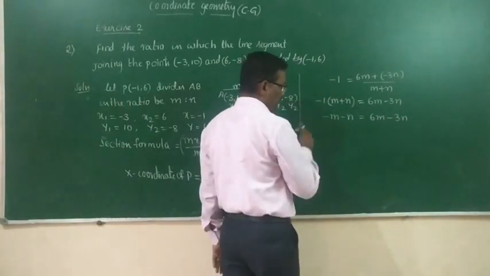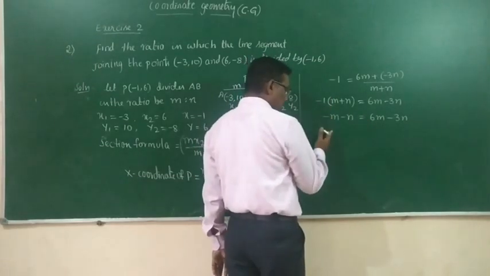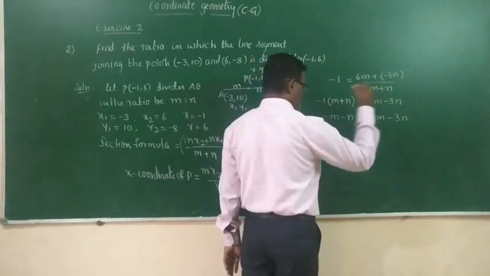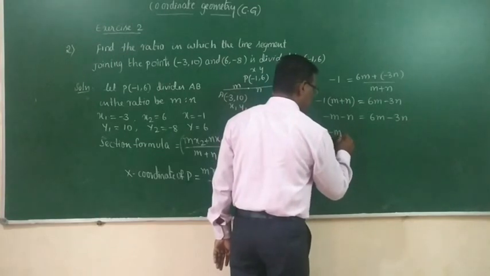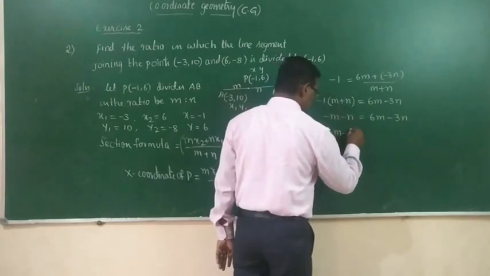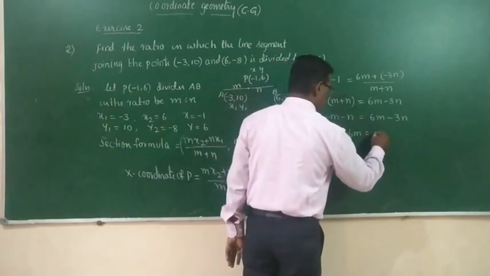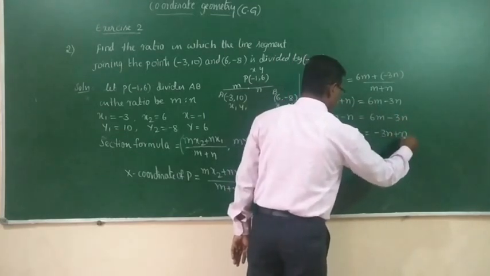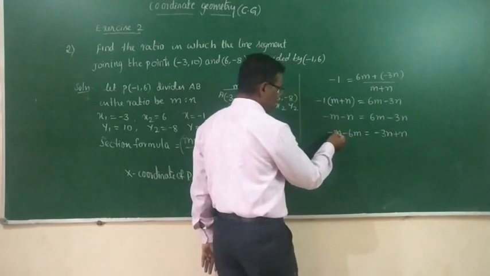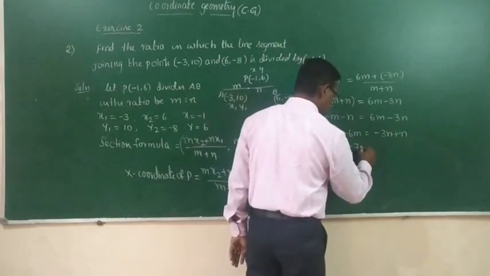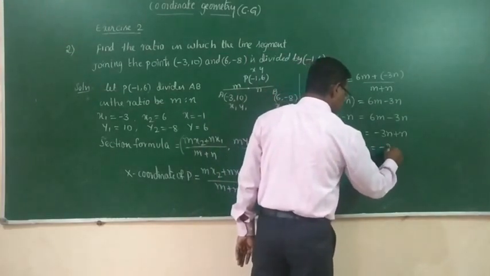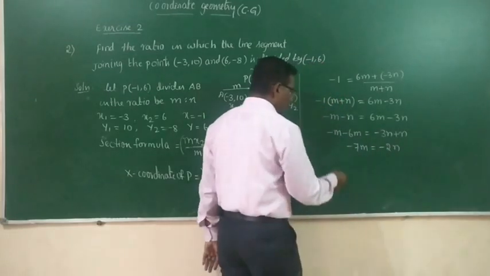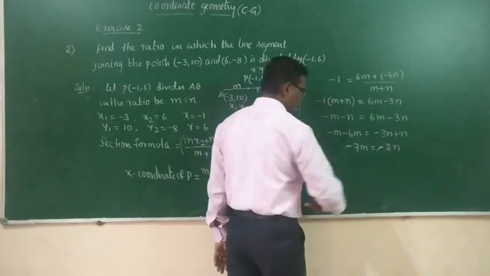We have to write the m terms on the LHS and the n terms on the RHS. Transposing -m to the right gives +m with -3n... -6m becomes -m on this side: -7m = -2m. Both sides minus get cancelled.